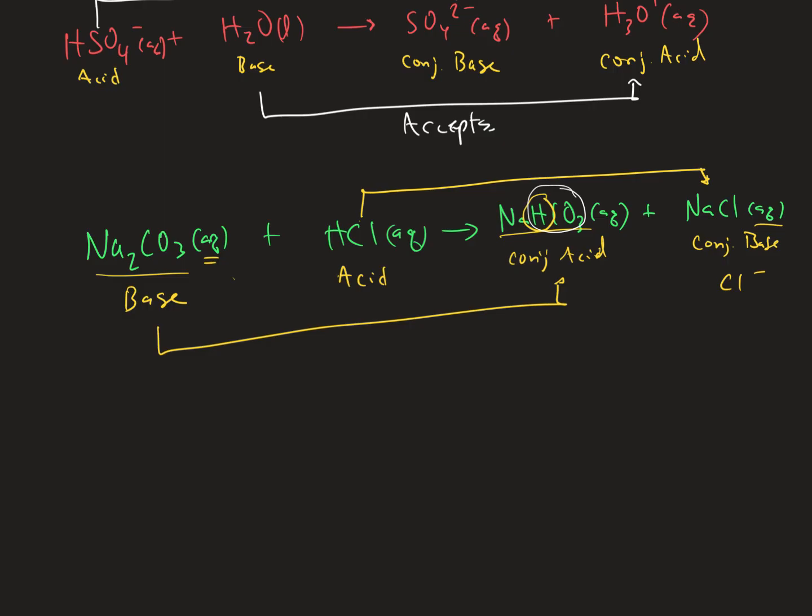Number 2. Should we do number 2? Yeah. NH3, we cannot say the base. NH3 is what? A base. You need to just know that one. NH3 is ammonia, and NH4 is a conjugate acid, because the base accepted a proton and now it's an acid, right?